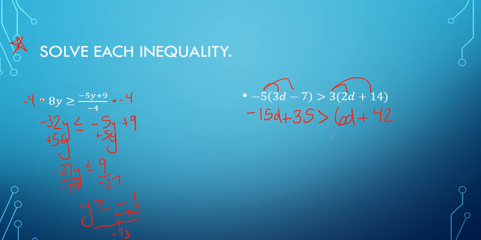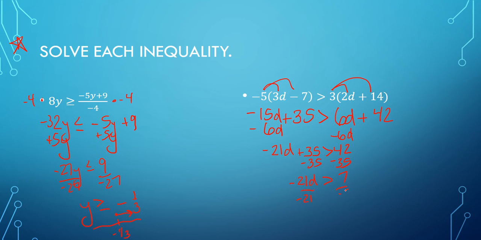I always just like moving them to the left with inequalities. So we have a negative 15 and a negative 6. That gives me a negative 21d. Subtract 35. We're at 7. So negative 21d is greater than 7.